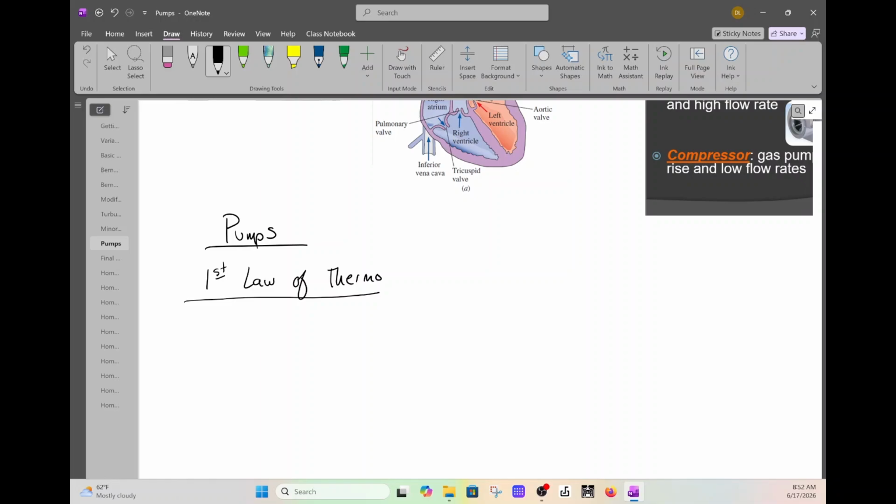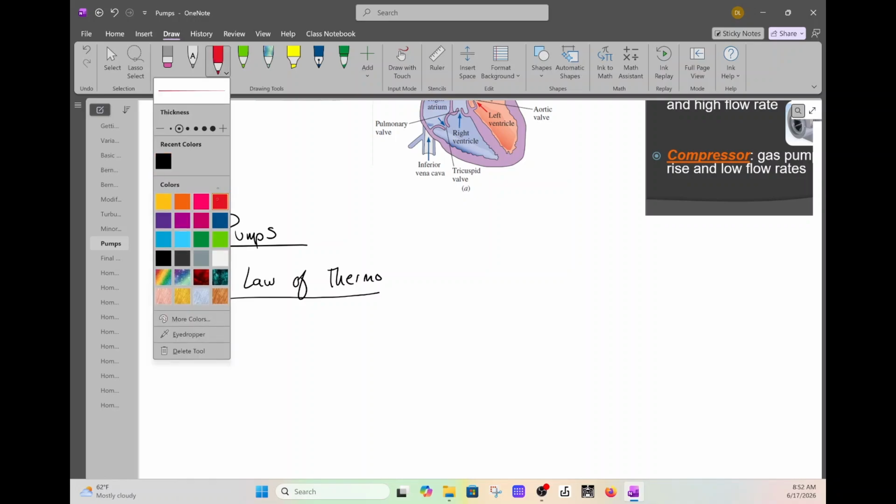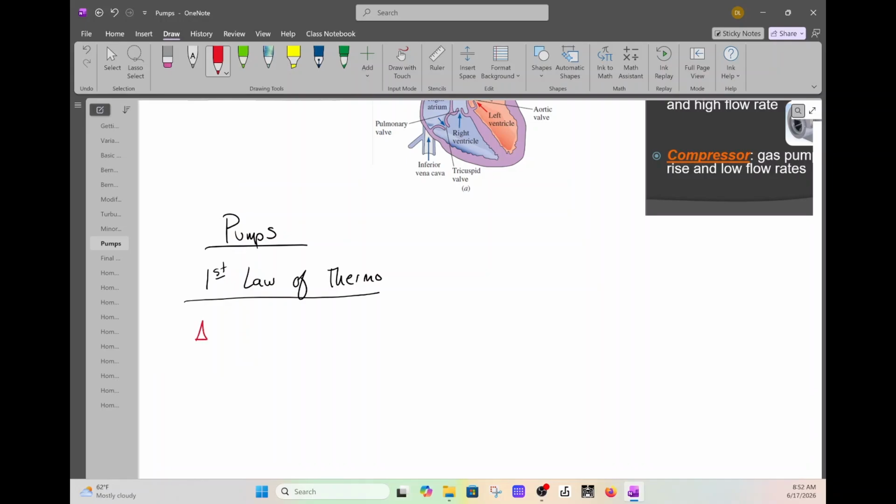Now, this is actually a good intro to what you're going to be doing in thermodynamics. So let's go ahead and write what I like to call the big energy balance equation. So we got delta KE plus delta PE plus delta U equals, we're going to do it per time.